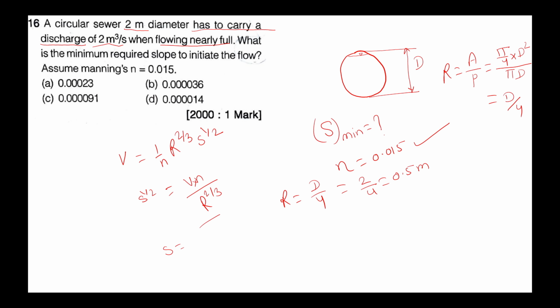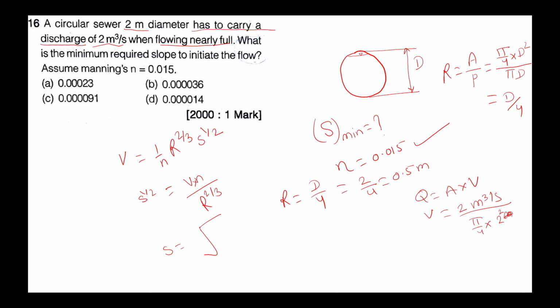So S is equal to V n divided by R to the power 2 by 3, squared. The discharge is given, so how do you calculate velocity? Discharge is equal to area into velocity, so your velocity will come out as 2 meter cube per second divided by area. Area is pi by 4 into D square, with D being 2 meter, so 2 square.